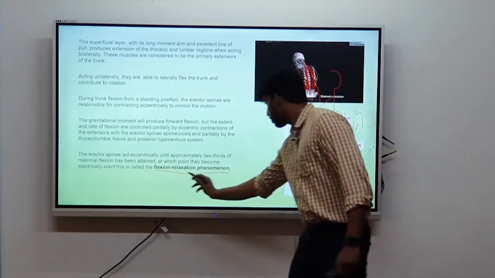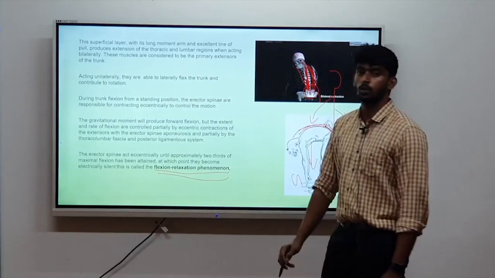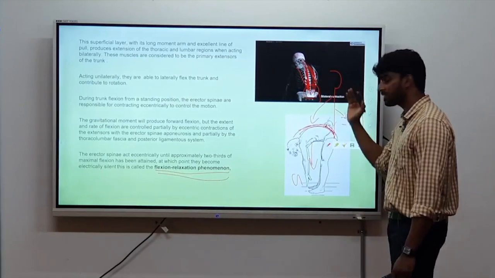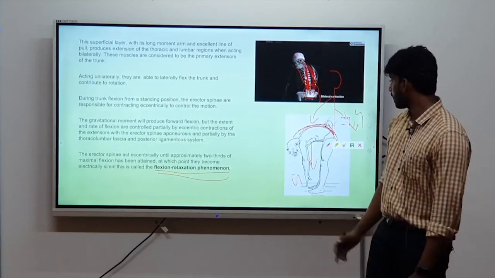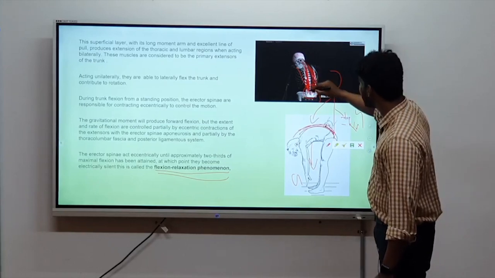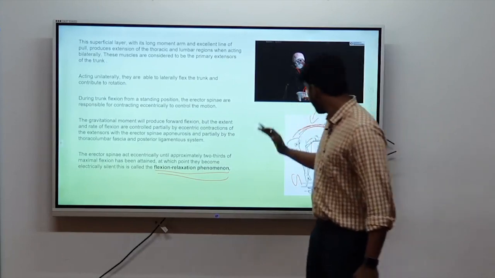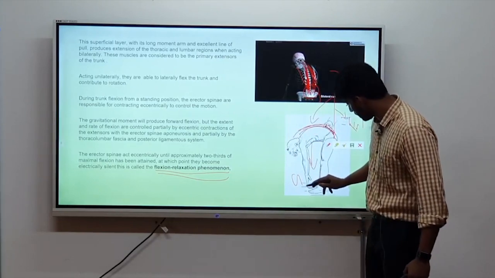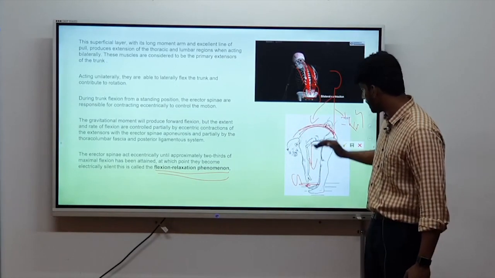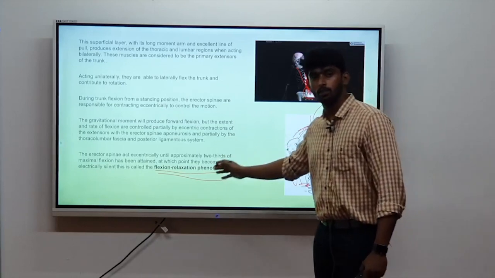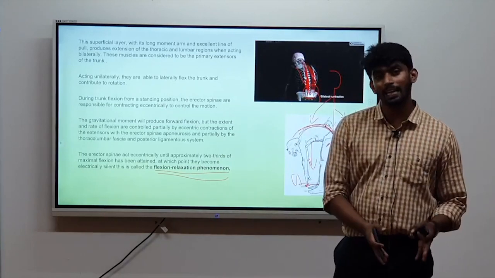So I would like to double underline this situation, because just imagine if your erector spinae is not elongating. For example, if your erector spinae is tight over any area, so what will happen? Until you reach the end point, approximately 2/3 of the maximal flexion, the erector spinae has to contract eccentrically.